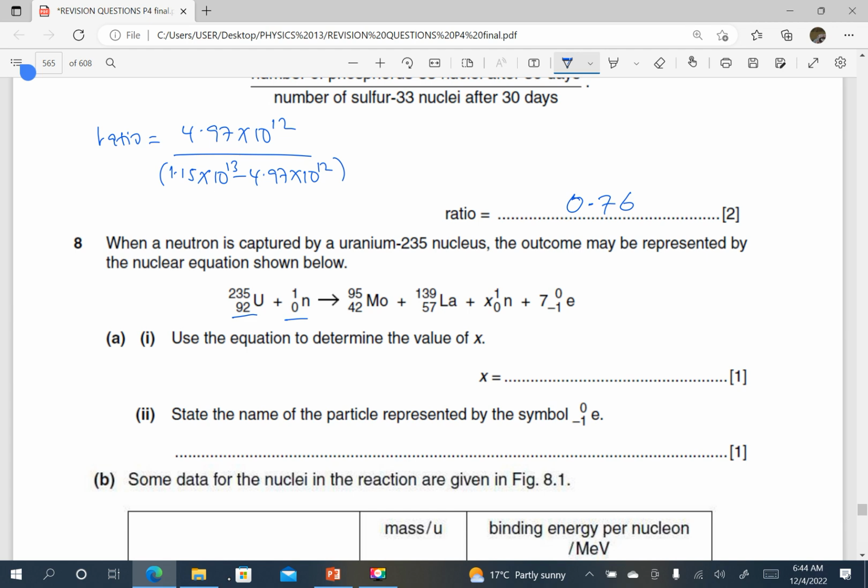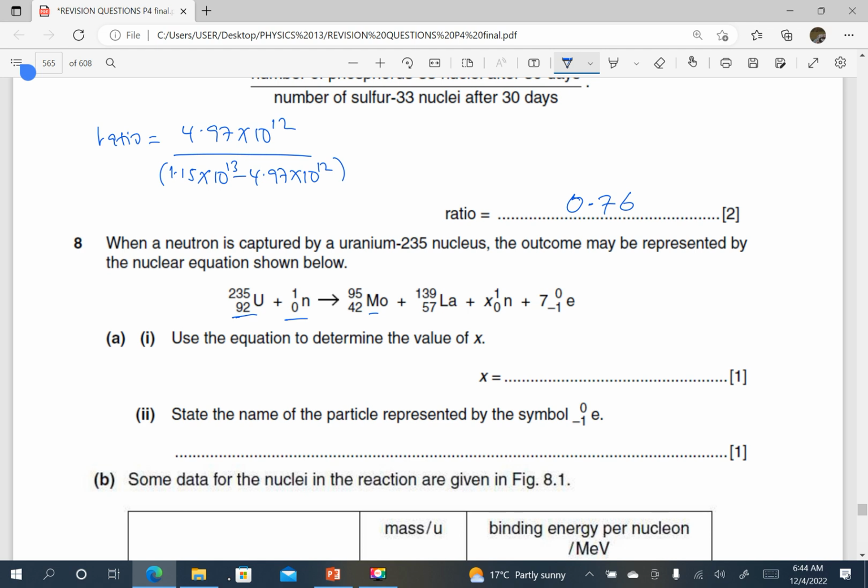It is giving Mo plus La plus X plus 7 (neutrons). For us, we don't need to know much of what these ones are. We just need to know the simplest ones like the neutron, the beta particles, the helium nucleus, and the proton maybe. Use the equation to determine the value of X.